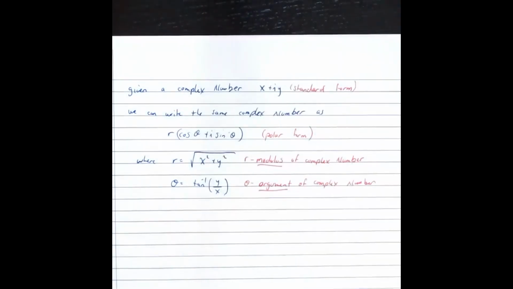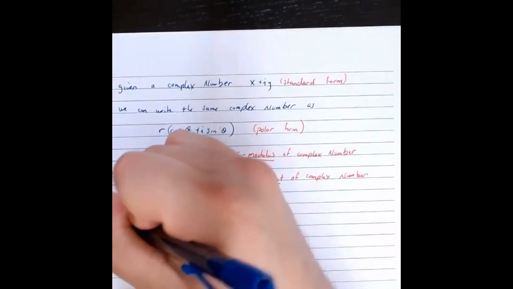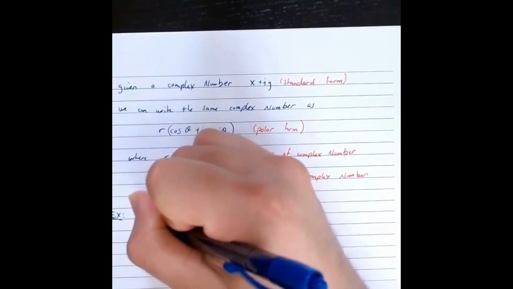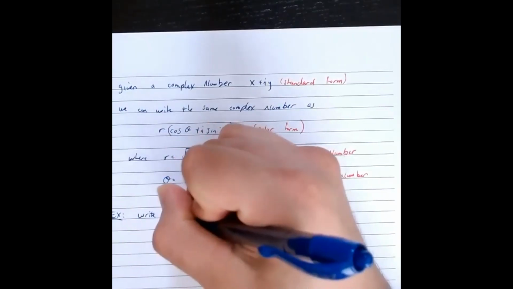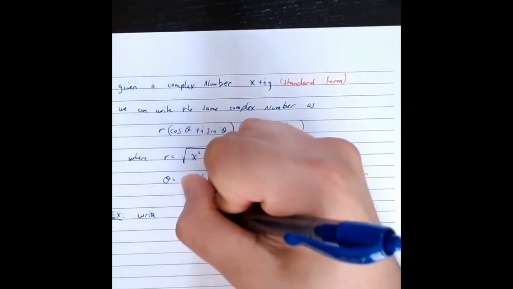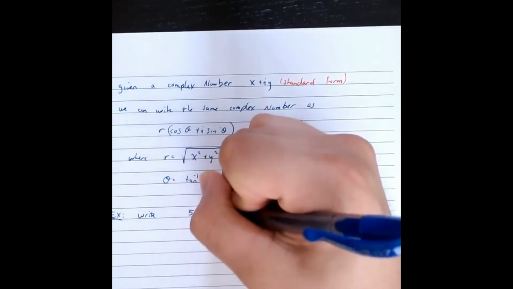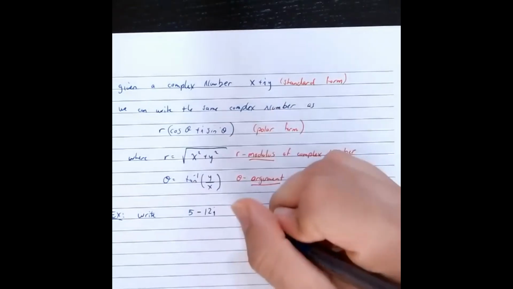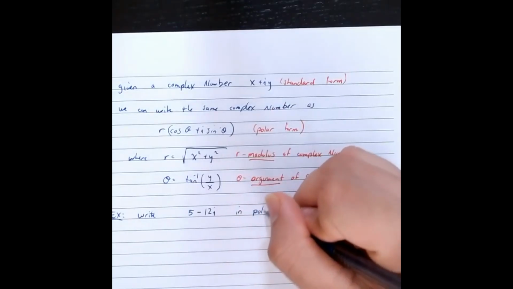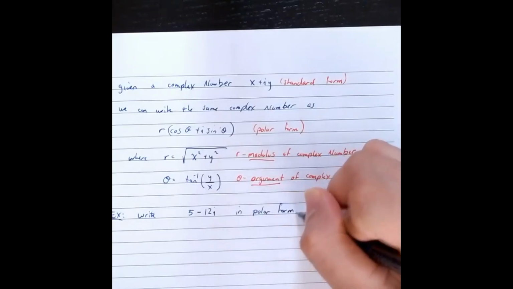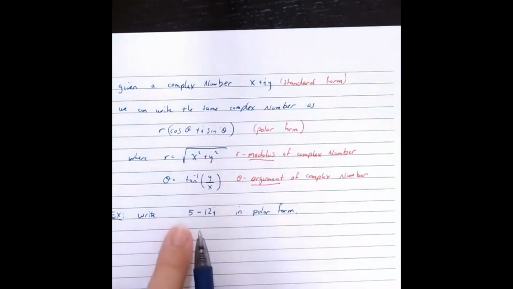Okay, so let's take an example of this. Let's write the number 5 minus 12i in polar form. Here, it's really convenient to give your complex number a name. That way we don't have to keep writing this over and over again.